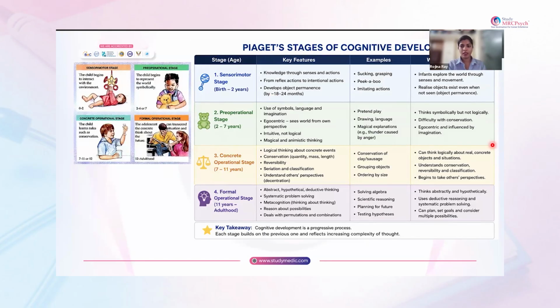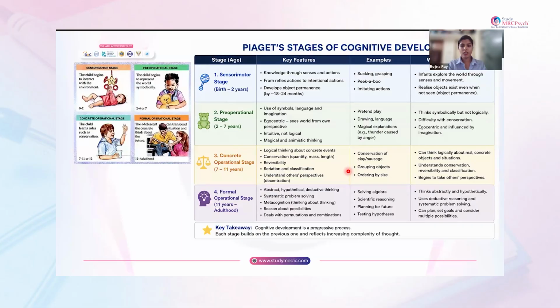Then the second stage is the pre-operational stage, from around 2 to 7 years. Here the child develops language and symbolic thinking, but the thinking is still egocentric and intuitive rather than logical. They often show animistic thinking, that is, attributing life to inanimate objects, and magical thinking, where unrelated events are believed to cause each other.